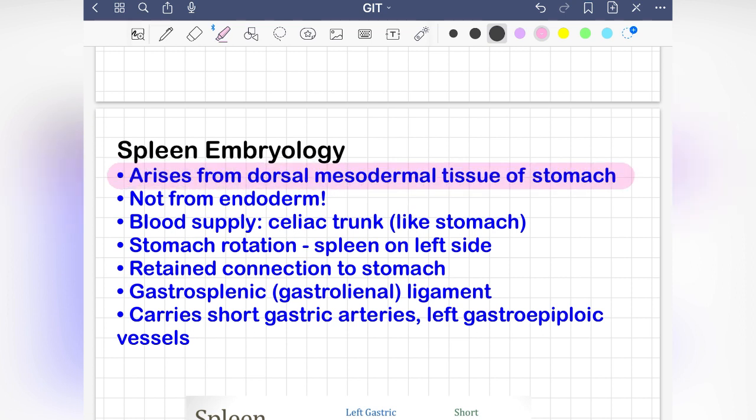Its blood supply is the celiac trunk just like the stomach. So it gets the blood supply of a structure from the endoderm in the foregut. But in fact, it comes from the mesoderm.